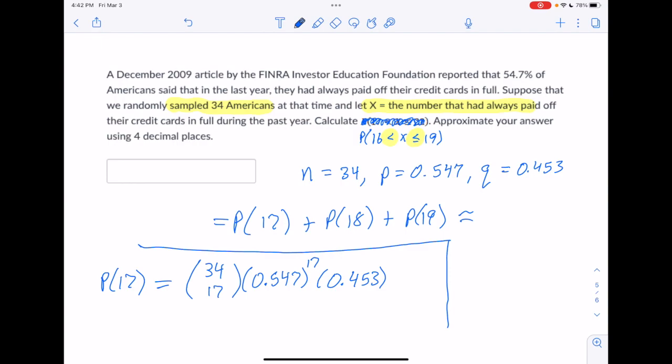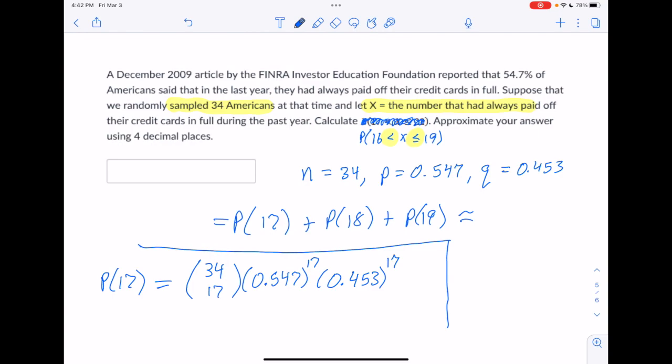So it's a little tricky here, but 34 minus 17 is 17, so you end up getting the same exponent on both. But that's not the rule. The rule is subtract X from N to get your exponent on Q, and in this case, they both just happen to end up being 17. And then we would go to the calculator and see what we get for that.